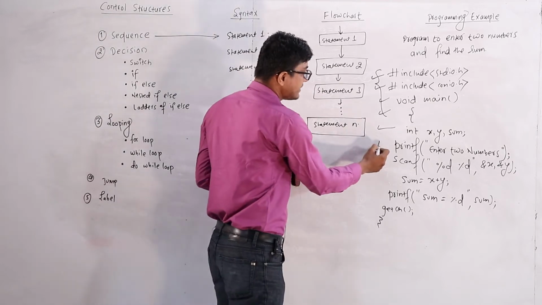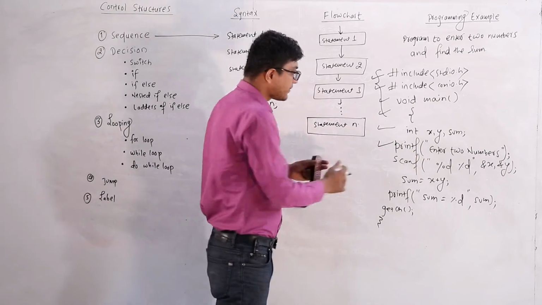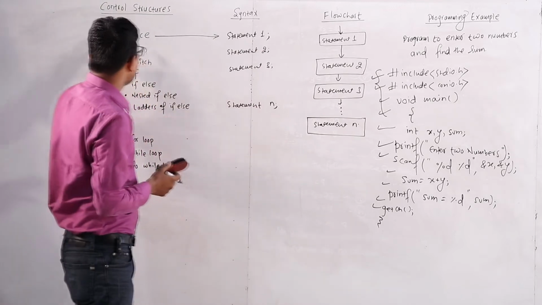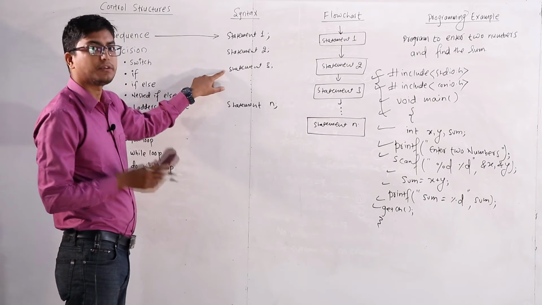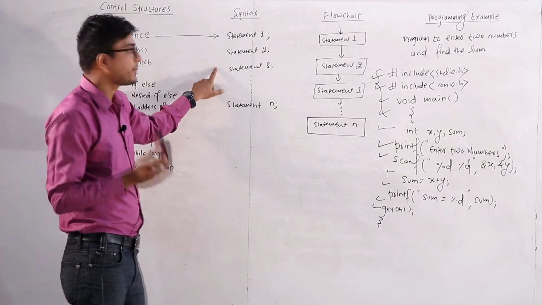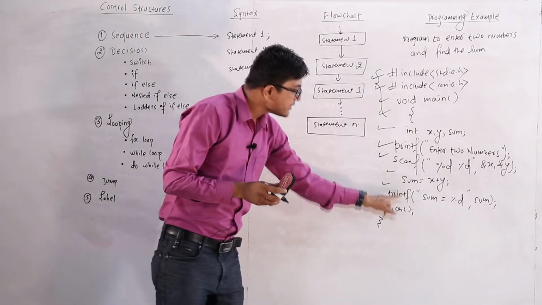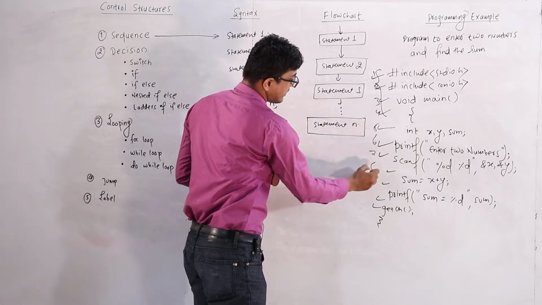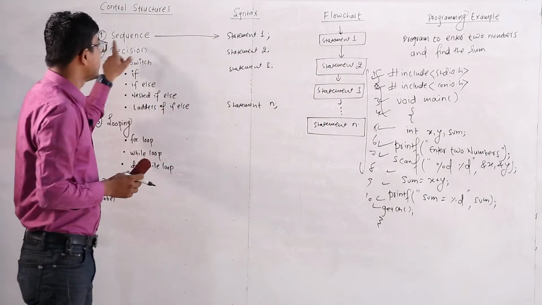After that, this statement is executed, enter 2 numbers. After that, all of these are executed one by one, that is called sequence. So you have to remember statement 1, statement 2, statement 3. No statement can be skipped. All the statements should be executed one by one. From the flowchart and from this program it is clear that all the statements are executed one by one. You can write 1, 2, 3, 4, 5, 6, 7, 8, 9, 10. All are executed one by one. This is the example of sequence.